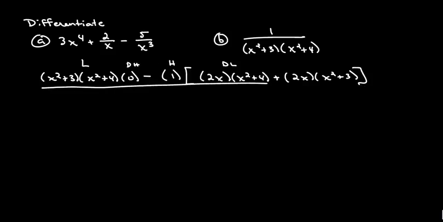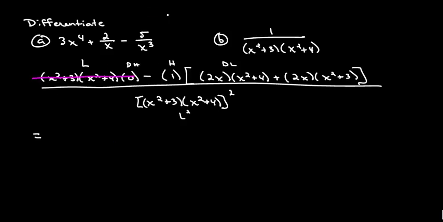And then we still have to put this all over the denominator squared. So this is our low squared. So low d high minus high d low over low squared. This guy right here is 0. Okay, so this guy is gone.